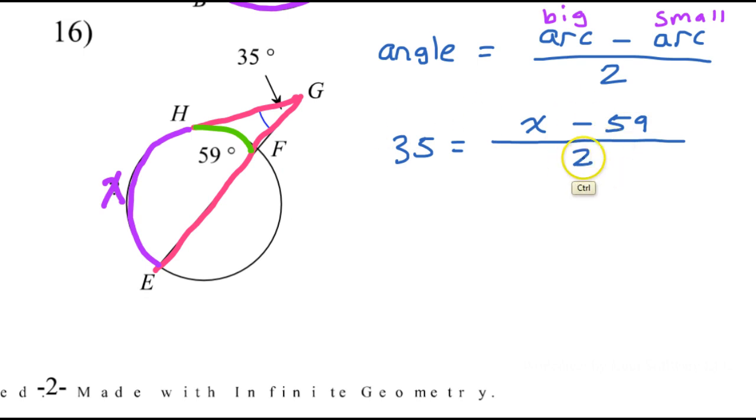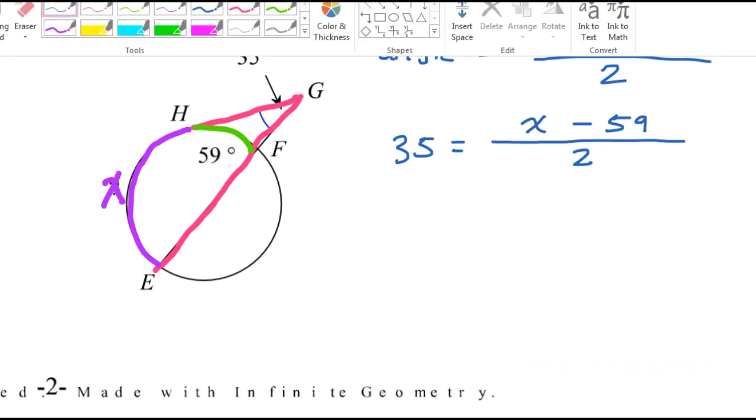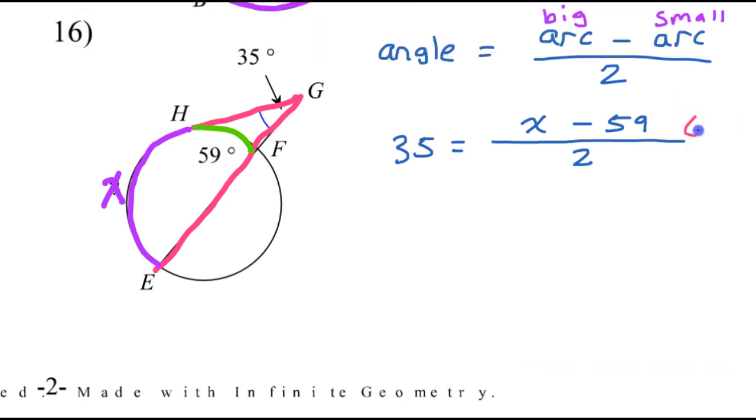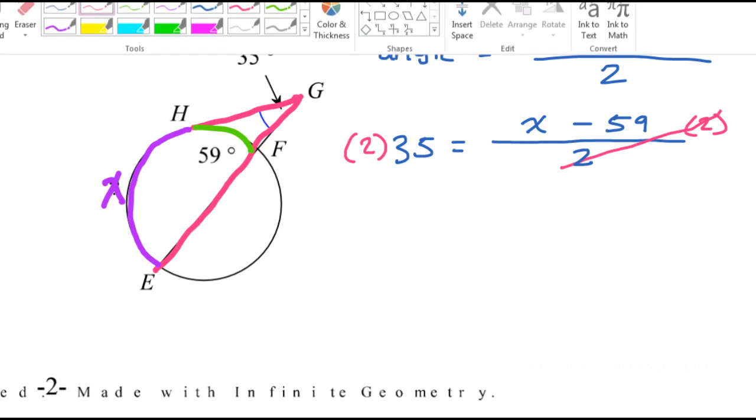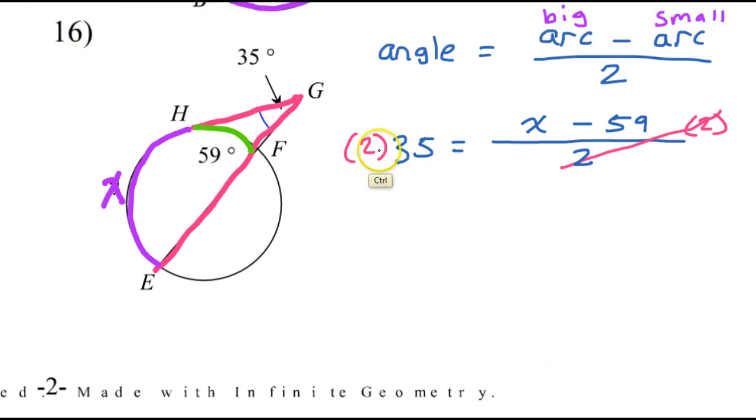Now the way you solve this is by multiplying by the denominator. We've got to get the x out of here, but to get at it, you want to multiply both sides of the equation by 2. All right, that way these 2's will cancel each other out. So that's going to give me 2 times 35 is 70. So I will have 70 is equal to x minus 59.